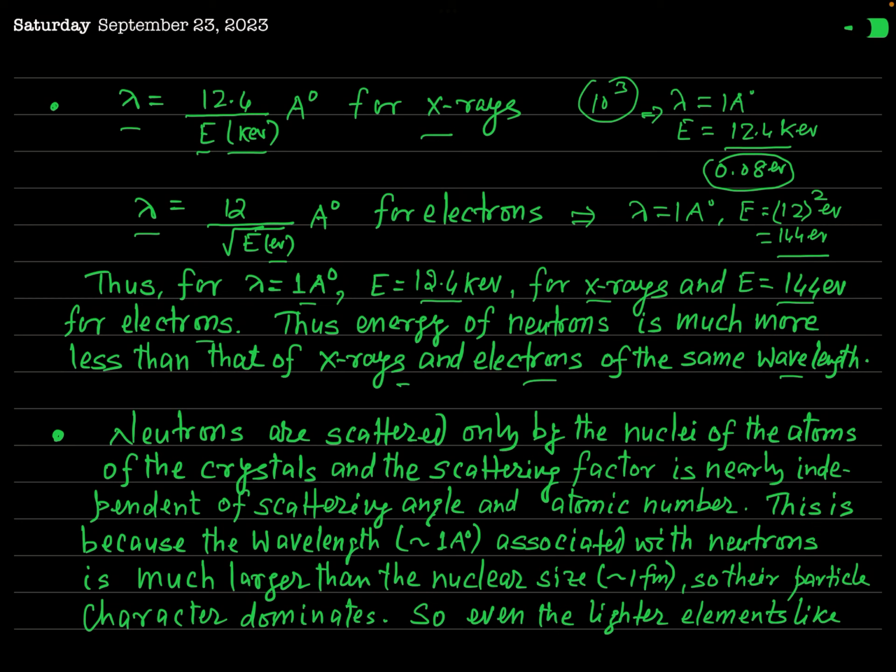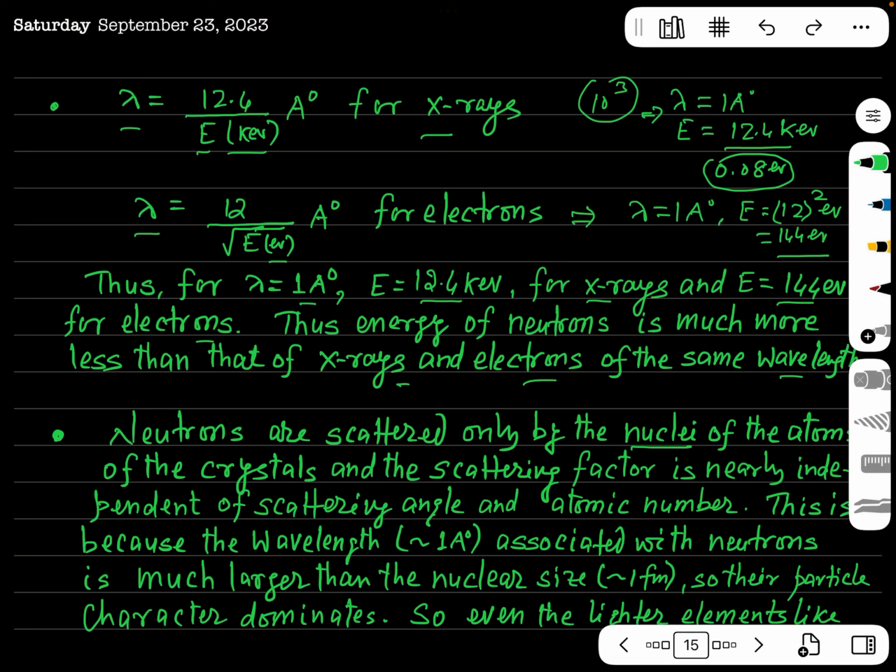But in case of neutrons, the scattering of neutron takes place only by the nuclei, not by the extranuclear electron. And that's why in this case the scattering factor is nearly independent of the scattering angle and atomic number.